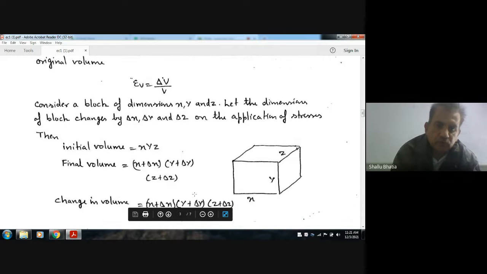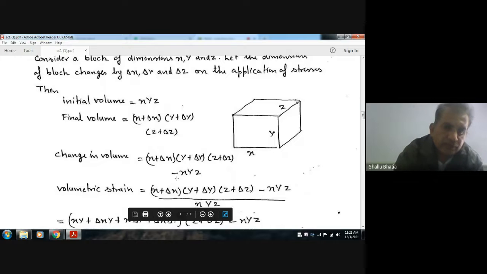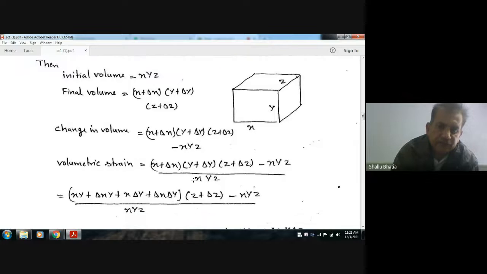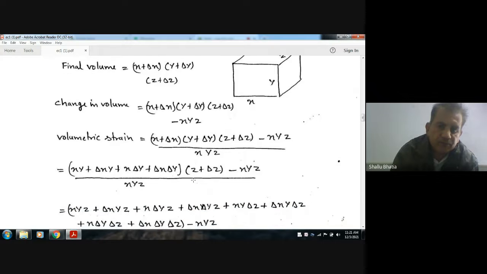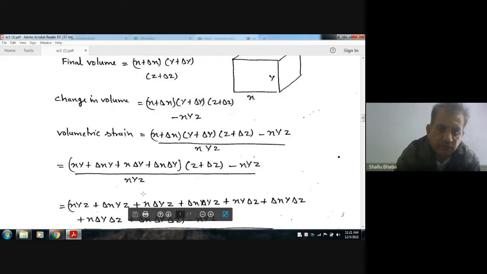So the initial volume is xyz and the final volume is x plus delta x, y plus delta y, z plus delta z. The change in volume is this minus this. The volumetric strain is change in volume divided by initial volume.